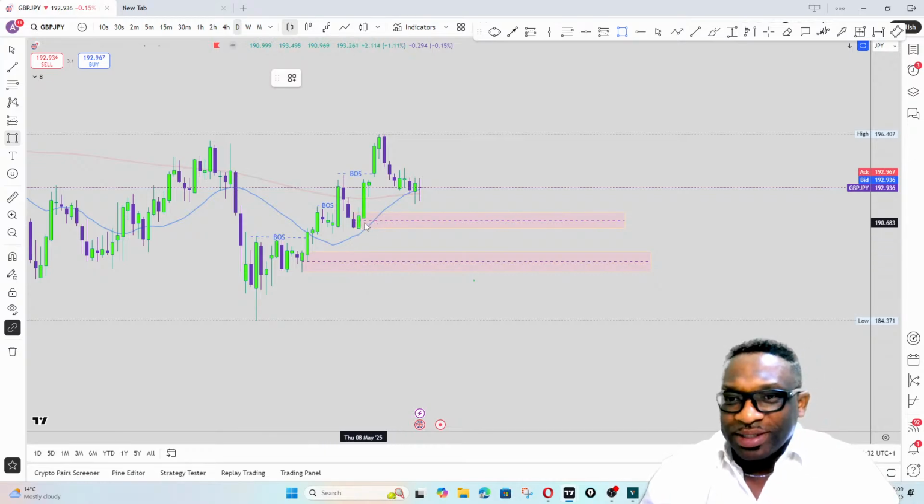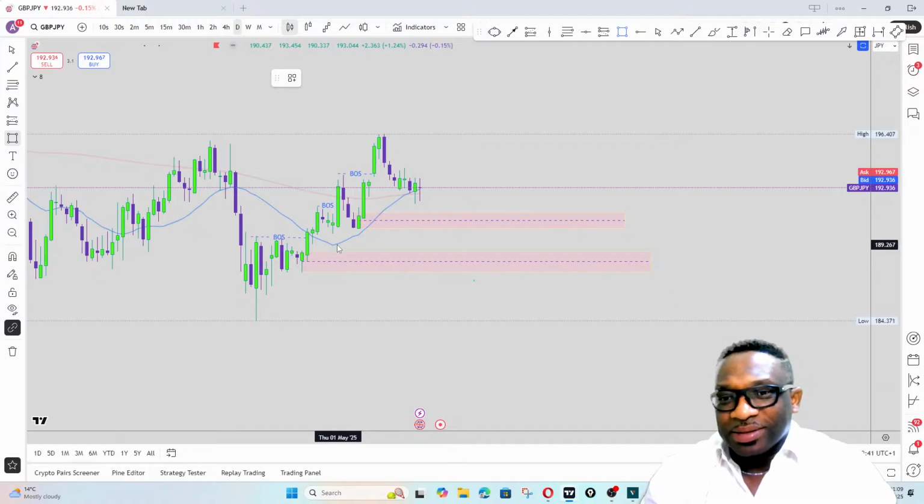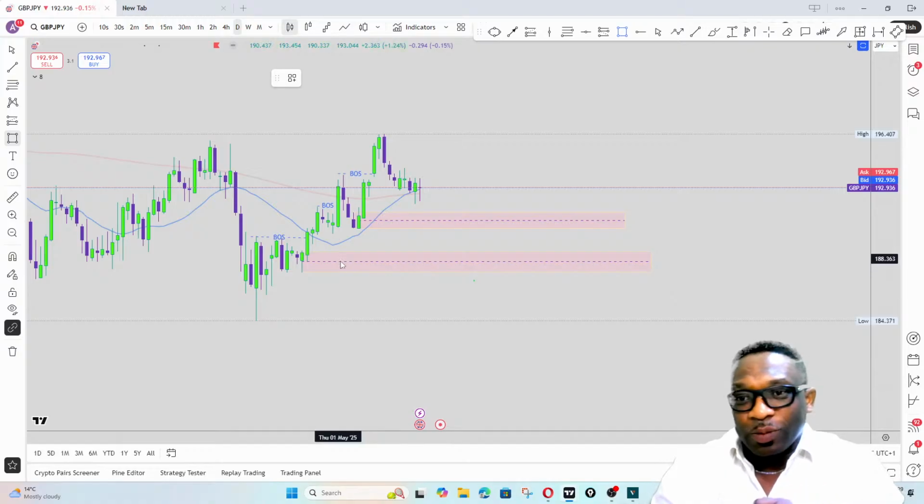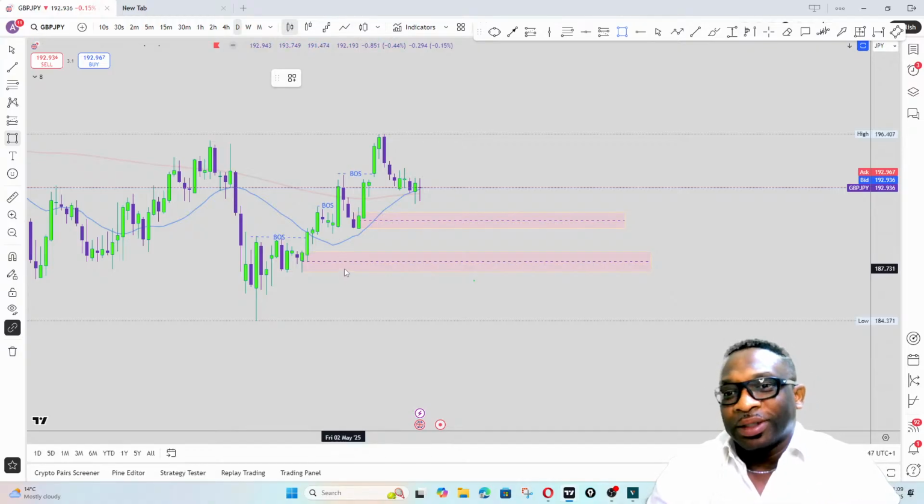Once you identify a demand or supply zone, and you're able to identify an area of imbalance connected to that zone, it makes it a more powerful point of interest to take note of, because most of the time we trade to that area and then price takes off.